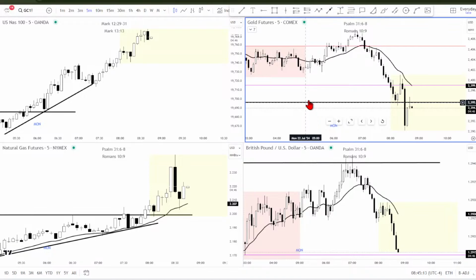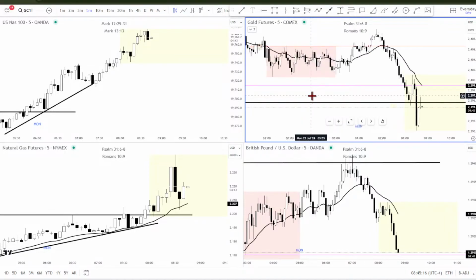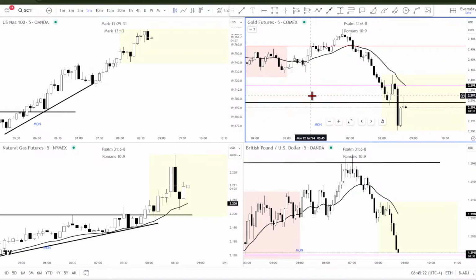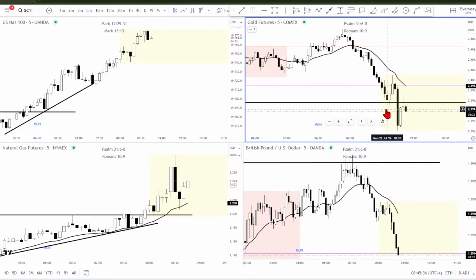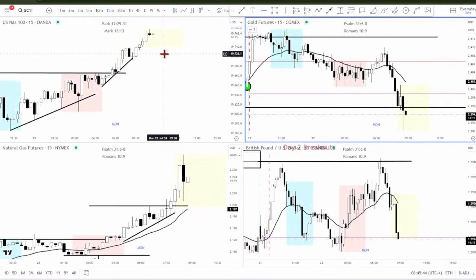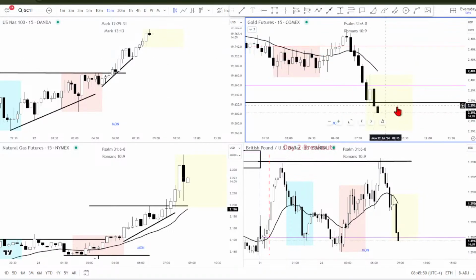Let's see. Gold. Pretty big down close bar. Now we have an inside bar. Double inside, well, not really double inside, but both inside this previous bar's range. Okay, new 15-minute bar just formed. You can take a look at the 15 and see how that bar formed. Gold wound up being a lower close in the previous 15-minute bar.